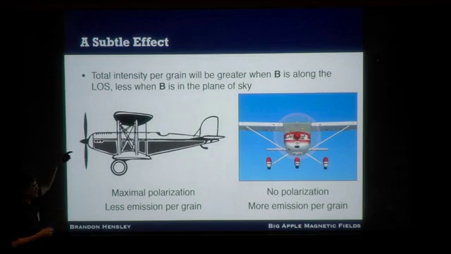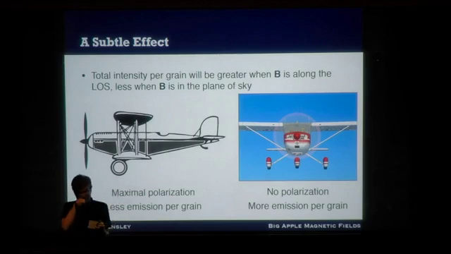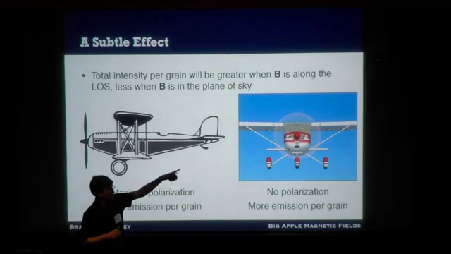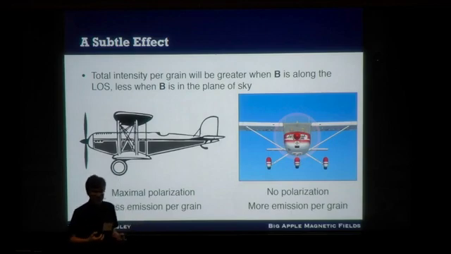So you always are looking at a short axis, so you're going to get less emission per dust grain. In this case, the short axis is pointed at you, so the photons are never propagating toward you with their electric field aligned with the short axis of that grain. And so you really see two long axes of the grain, and that enables that grain to give you more polarization.